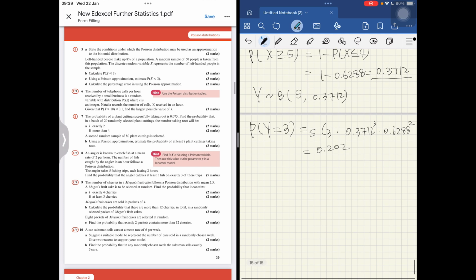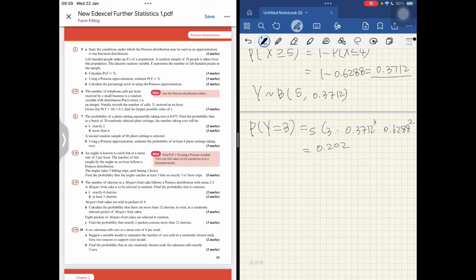So number 9, the number of cherries in a fruit cake follows a Poisson distribution with mean 2.5. So one cake has on average 2.5 cherries. A fruit cake is selected at random, counting exactly 4 cherries.